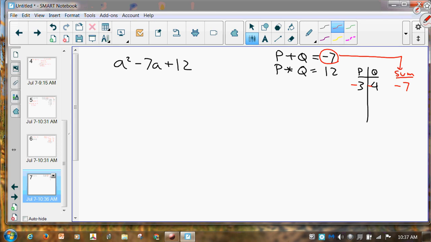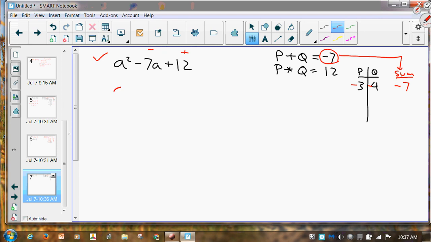So when you're working with factoring quadratics, keep an eye out for situations like this where your middle term may be minus, but your end term is a positive, right? The only way I can get a positive multiplication is using two negative terms, and the two negative terms will add together.